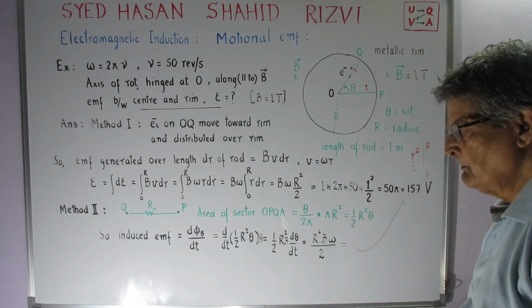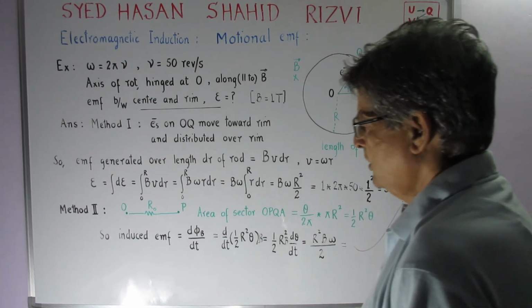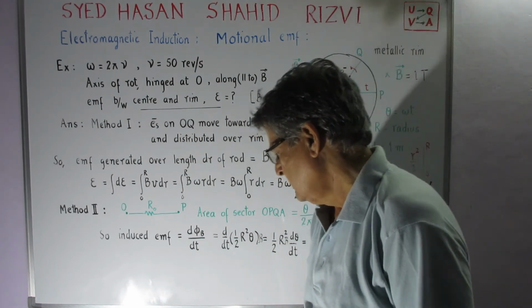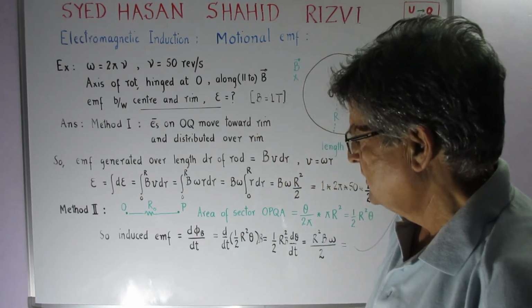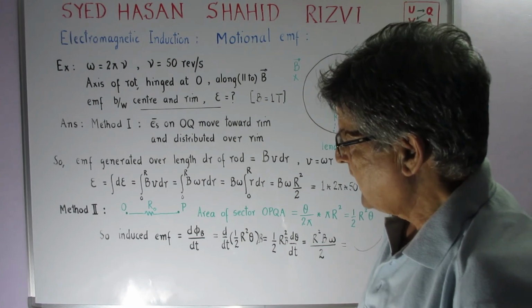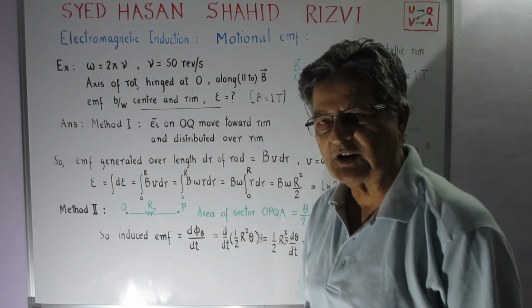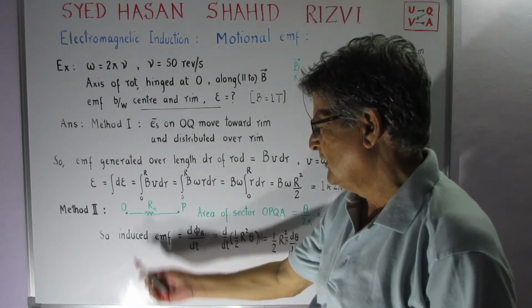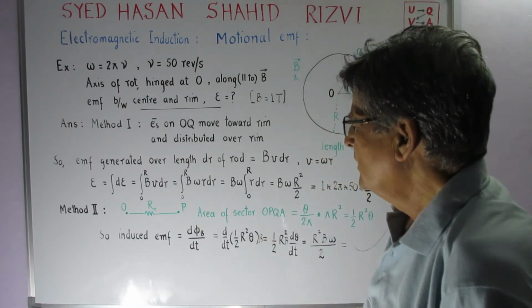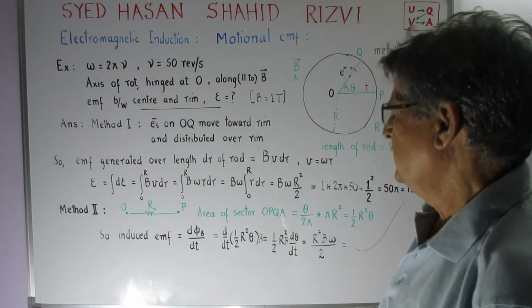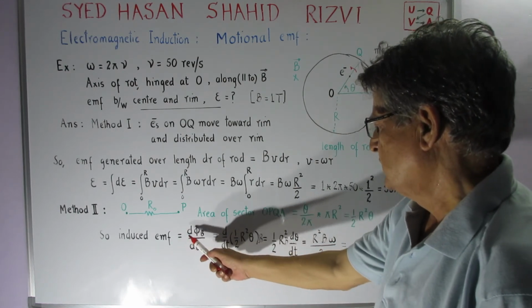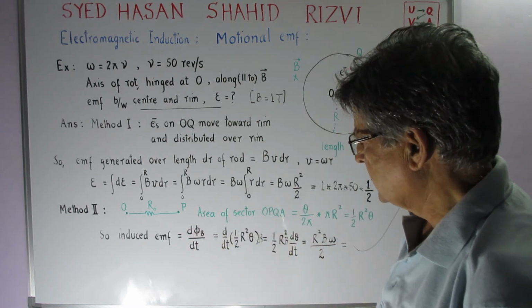Now we go to our friend Faraday, and of course we are not taking that minus sign into consideration because we only have to calculate the value of EMF. So we are taking the liberty to avoid that negative sign.